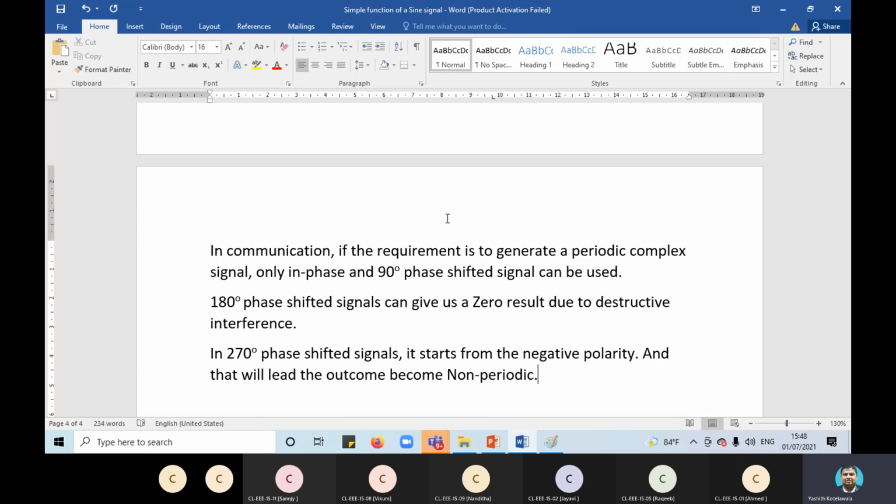But in the practical scenario, in the analog domain, we are always dealing with non-periodic complex signals. Voice is analog, audio is analog, but data communication is quite specific, which is discrete. So that is where we have our discussion.